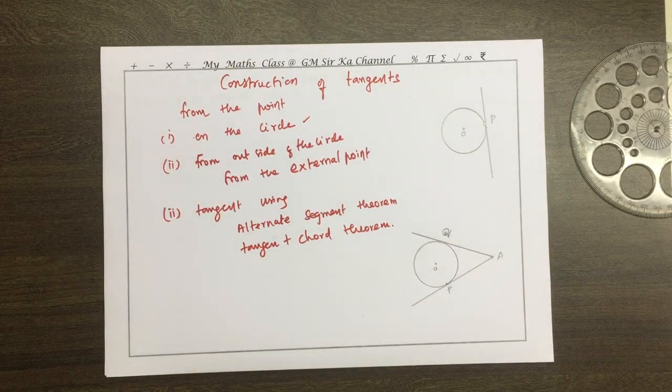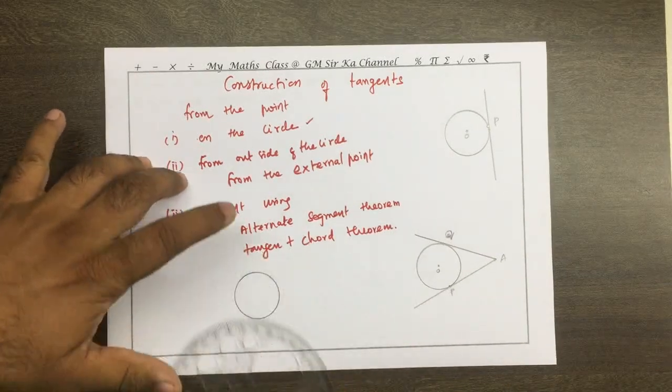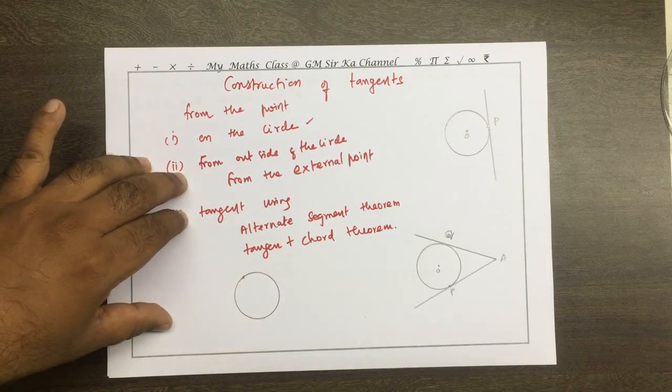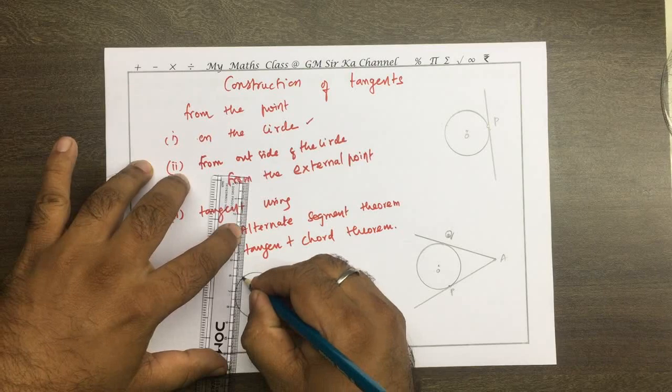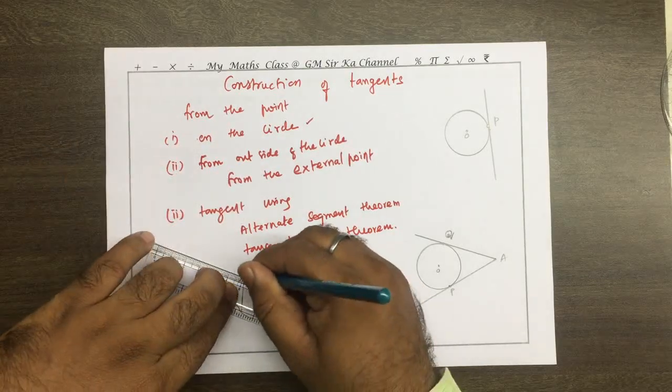And the alternate segment theorem is, we have a point which is on the circle, we have to draw a triangle, any triangle in the circle.